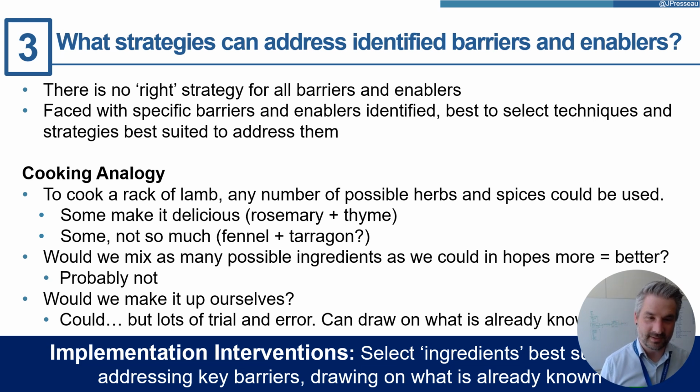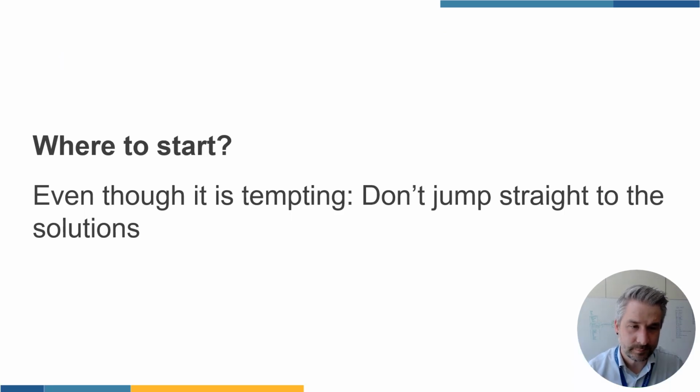I'm not suggesting that we should be trying to do cookbook-based implementation intervention development. This is where my analogy falls down a bit, but we don't have to start from scratch and just guess. Rather, there are existing tools and strategies to start to think through what might be better options for addressing key barriers, drawing on what we already know.